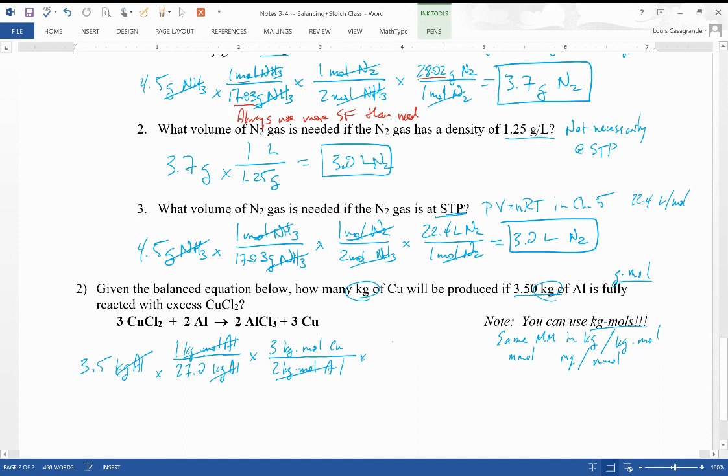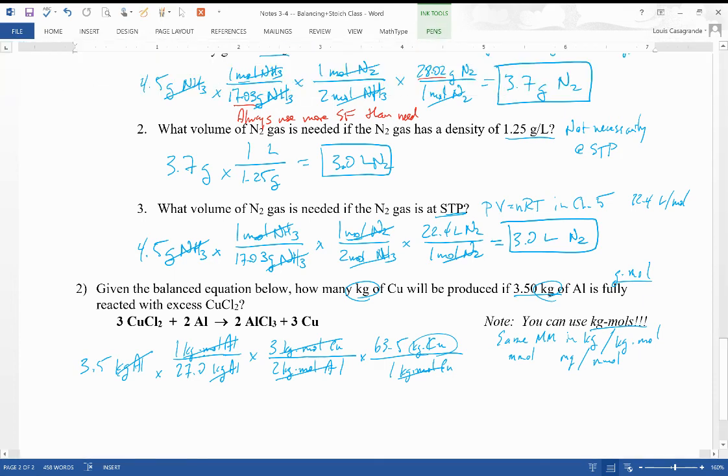And now with the copper, it's going to be 63.5 kilograms of copper in 1 kilogram mole of copper. Now the kilogram moles of copper cancel out, and I have the unit I'm looking for, kilograms of copper.